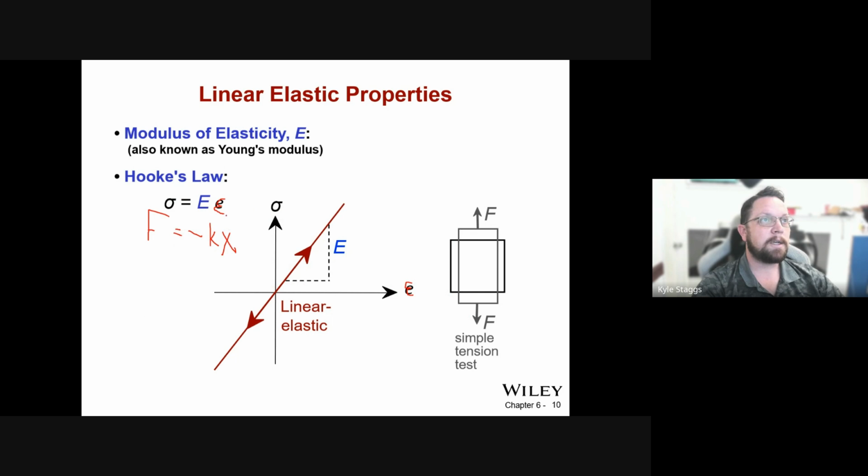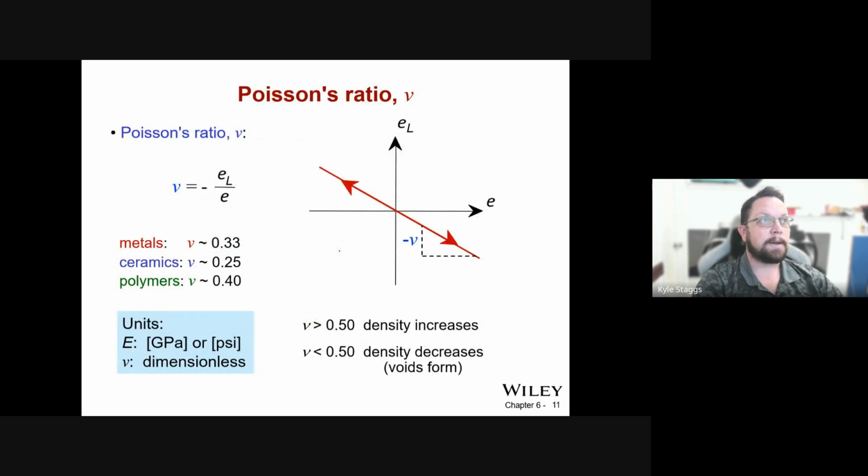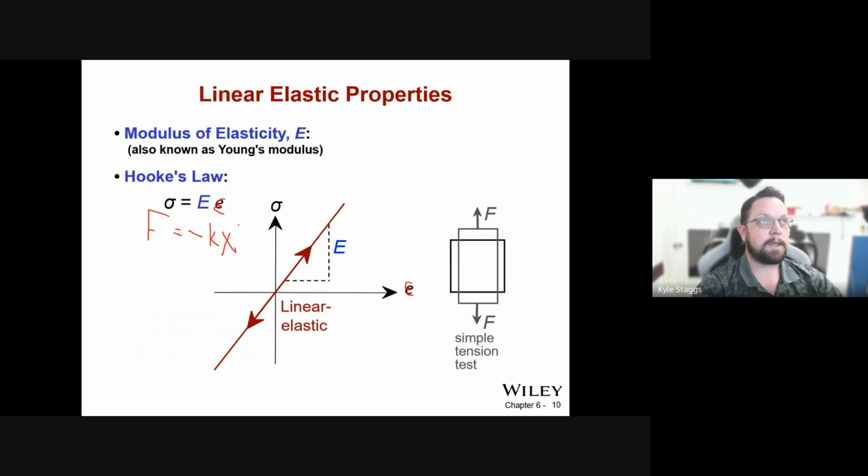So E is the rise over run, meaning that it is the ratio of sigma over epsilon. So stress over strain, rise over run, very simple, only applicable in this linear elastic region.